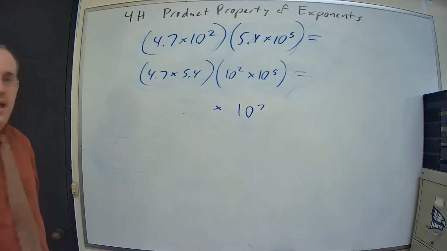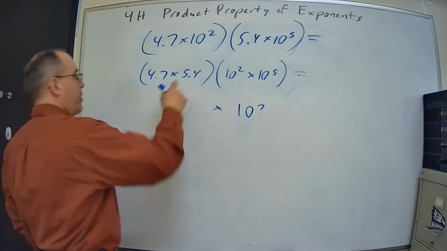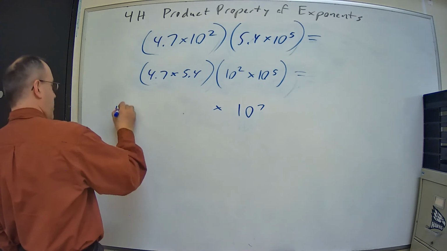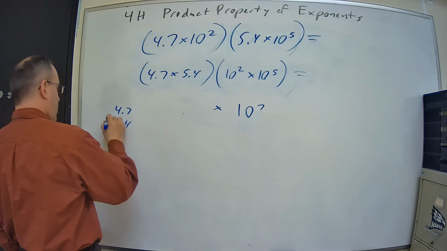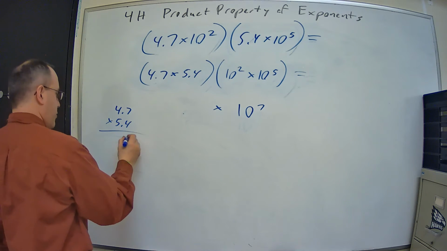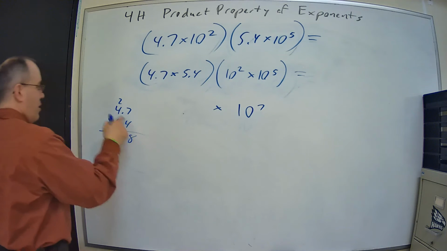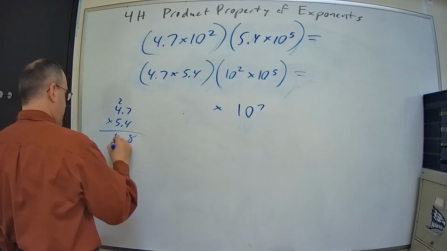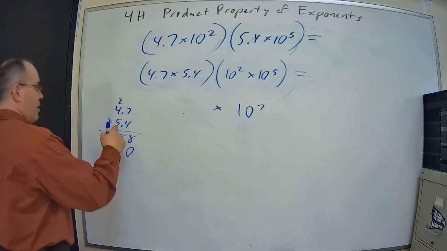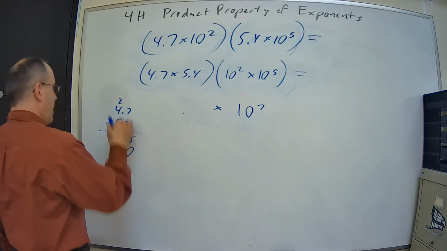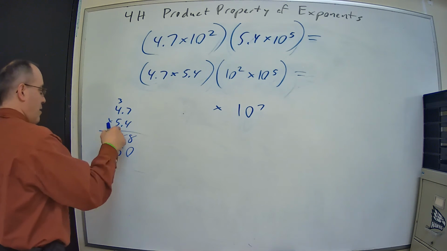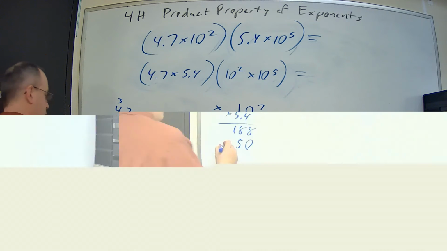Okay, so we've got that. But now I need to do 4.7 times 5.4. 4.7, 5.4, we multiply. 7 times 4 is 28. 2. 4 times 4 is 16, plus 2 is 18. 0. 5 times 7 is 35. Make that a 3. 5 times 4 is 20, plus 3 is 23.